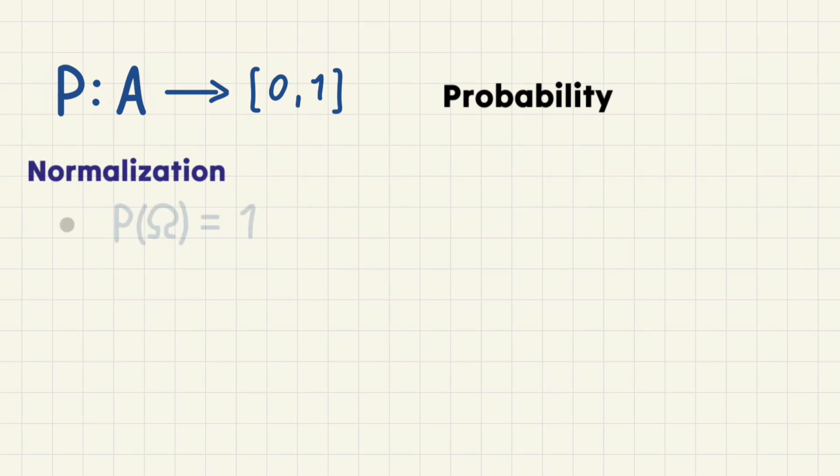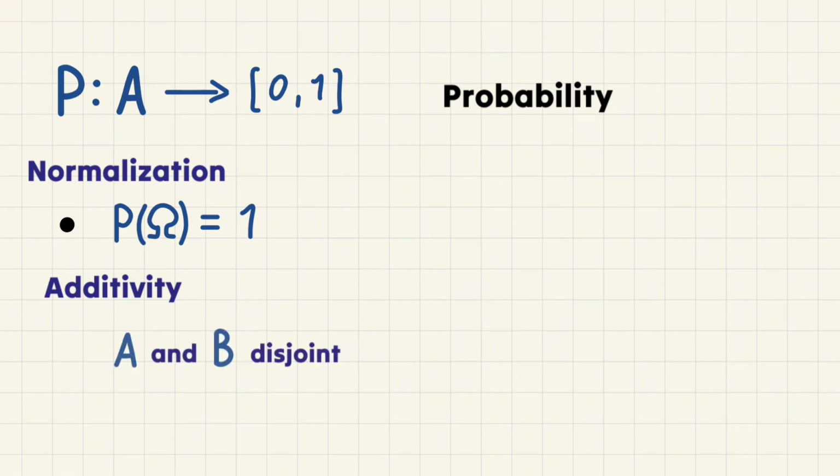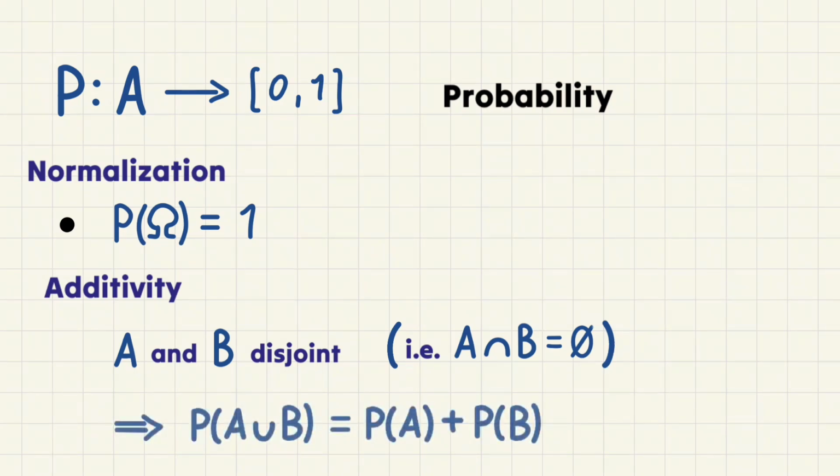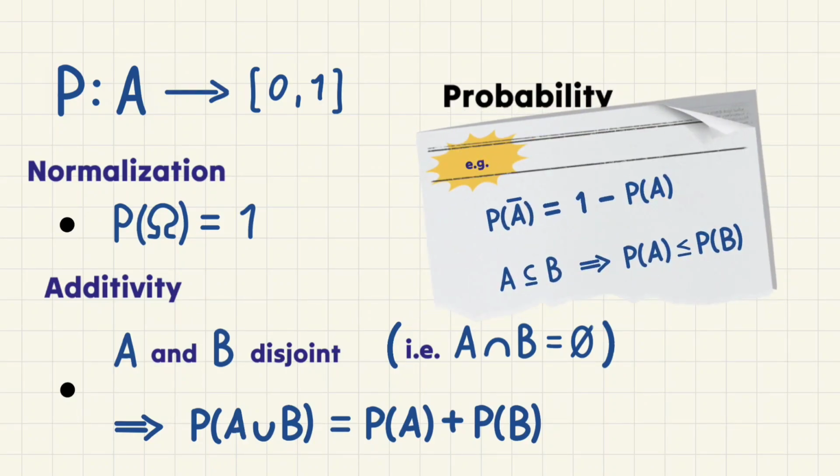Normalization: P of omega equals 1, which means the probability is 100% that one of the possible outcomes will happen. Additivity: if A and B are disjoint events, meaning their intersection is empty and they can't happen at the same time, then the probability of A or B occurring is equal to the sum of the probabilities of A and B. From these axioms, you can derive other intuitive and useful probability rules.